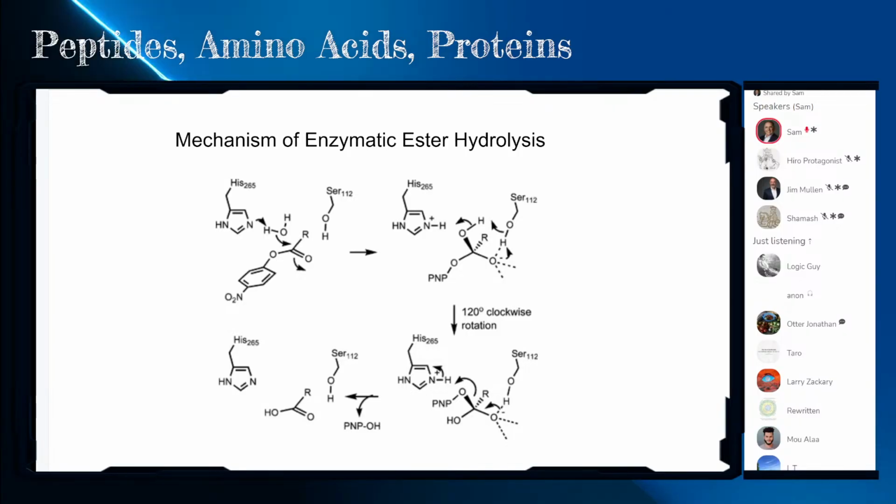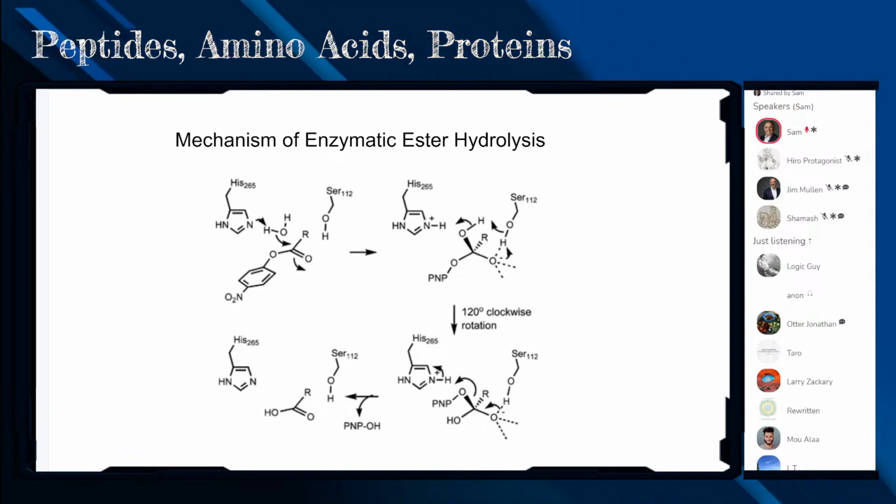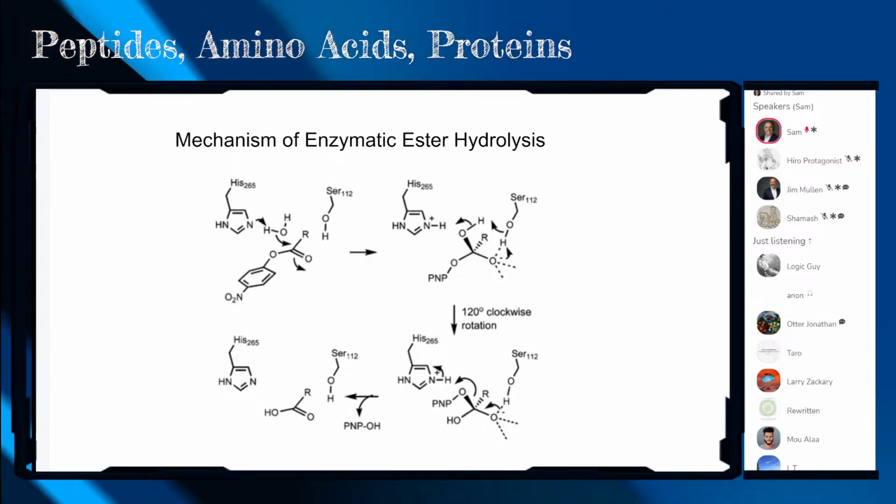The amino acids are extracting hydrogen, they're adding hydrogen, right? And they do all of this to make the electronics of the molecule right for the reaction that's going to happen, which is the attack of water on that carbonyl compound.